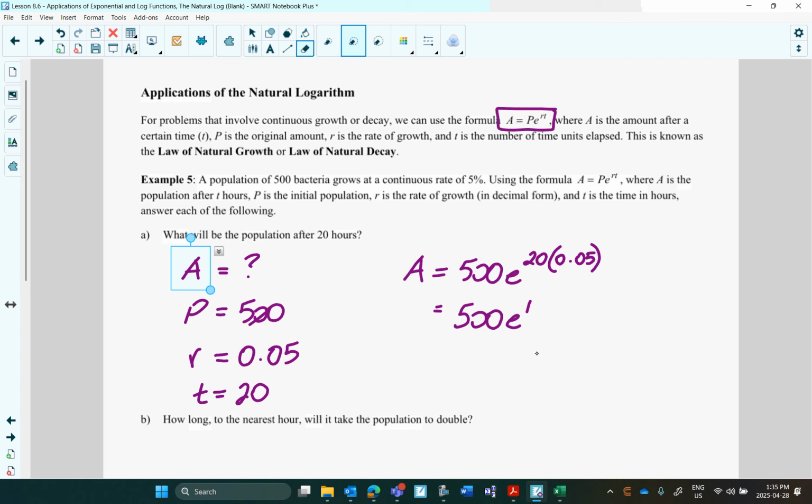Well, what's e to the first? e. So you have to do e times 500 on your calculator.